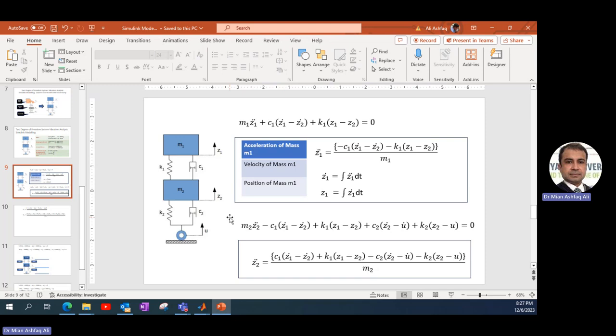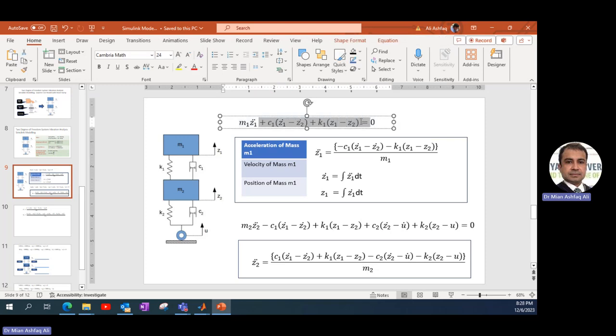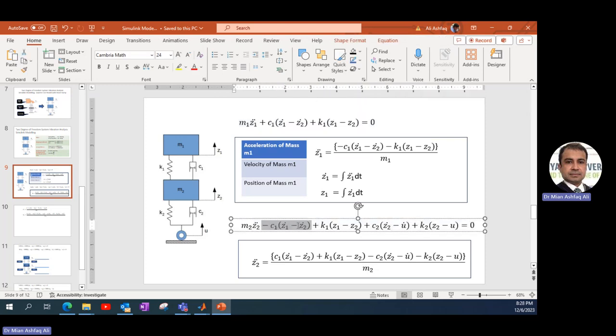If we consider M2, then certainly it is connected with all the components, including two springs and two dampers. The terms which are positive for M1 will have negative terms for M2, because this is the same magnitude of force but opposite in direction when it is linked with M2.